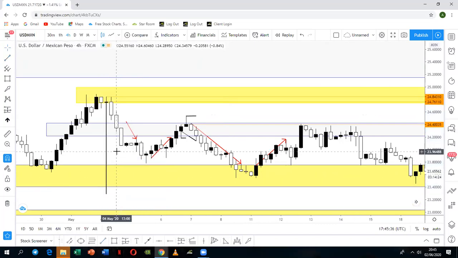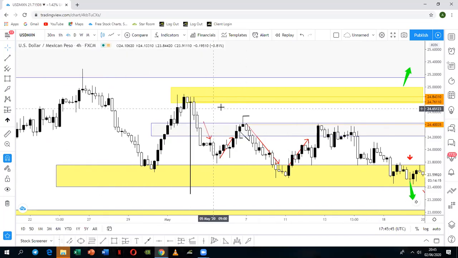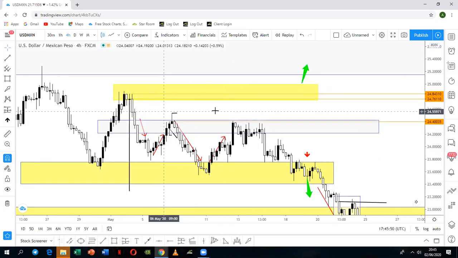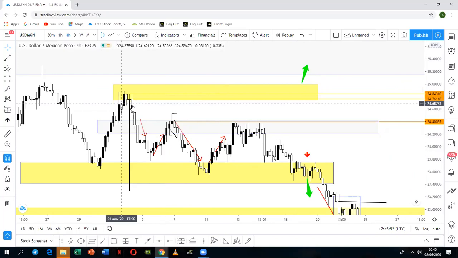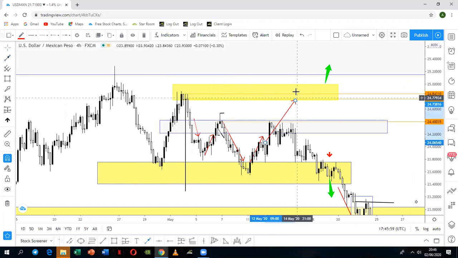Okay, so you want to mark. So this is why we are marking our levels this way. Usually these points are tested twice before price breaks out. If price came again and tested something here, it would mean there would still be more orders that had to be filled by banks.